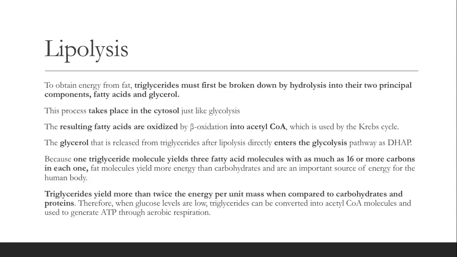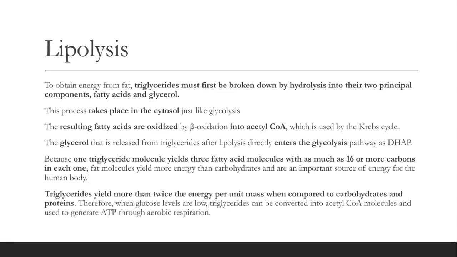Let's talk about lipolysis. So what does it sound like? It sounds like glycolysis. It's basically this cutting up of lipids. To obtain energy from fat, so if we're going to use the fat not as a storage but as an energy source, you have to first break down triglycerides by hydrolysis into their two principal components, which are the 3 fatty acids and a glycerol. That process takes place in the cytosol just like glycolysis does.